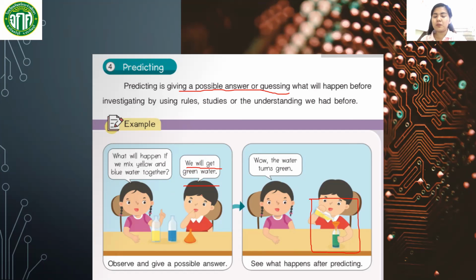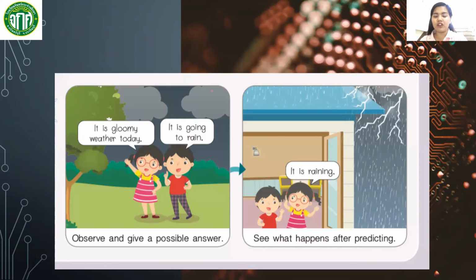So again, he predicted that if we mix yellow and blue water, we will get green water. Another example of predicting is here. It is gloomy weather today. The boy here made a prediction that it is going to rain.